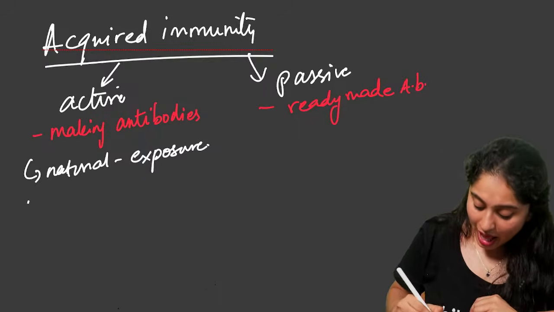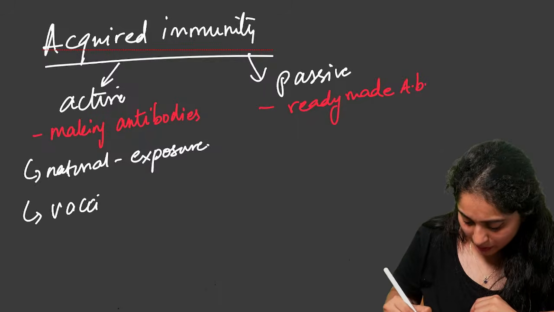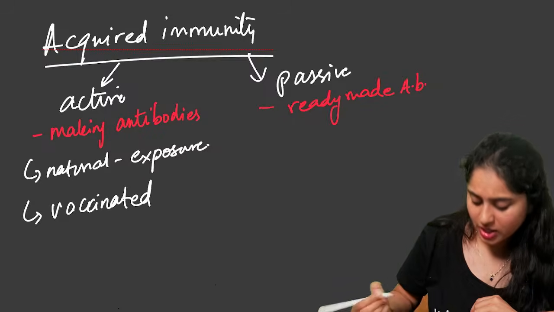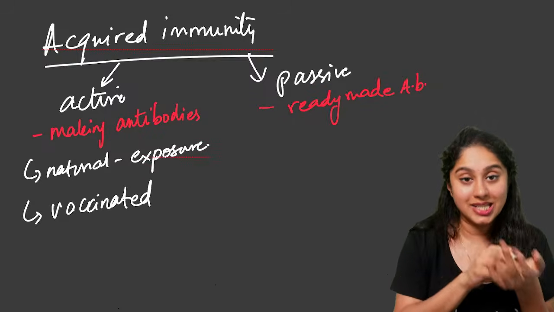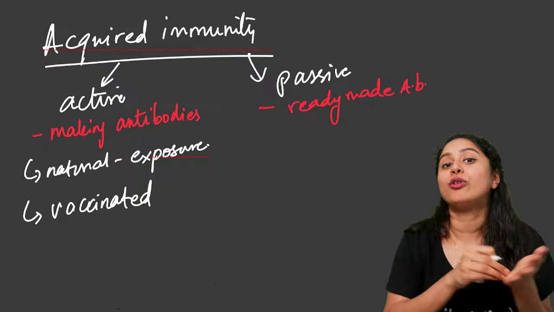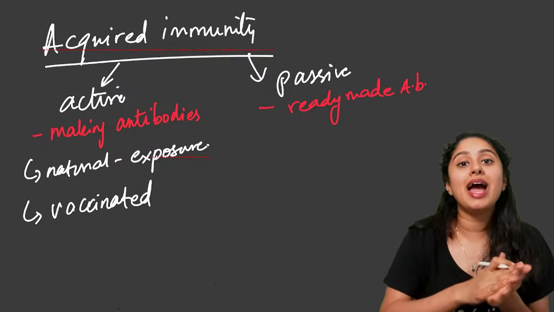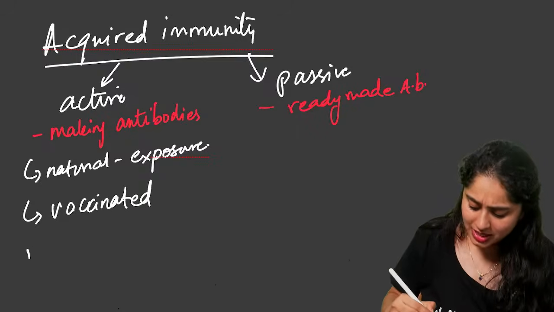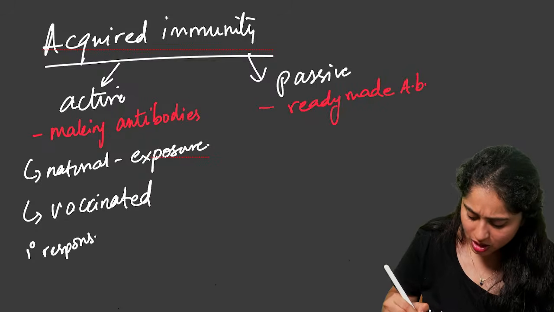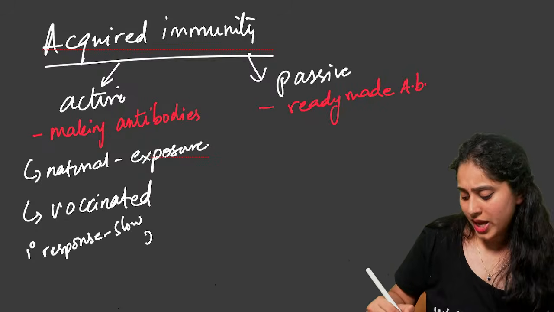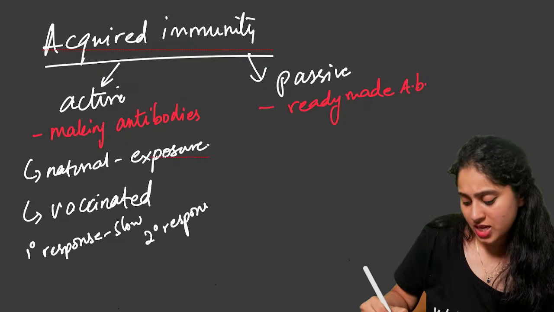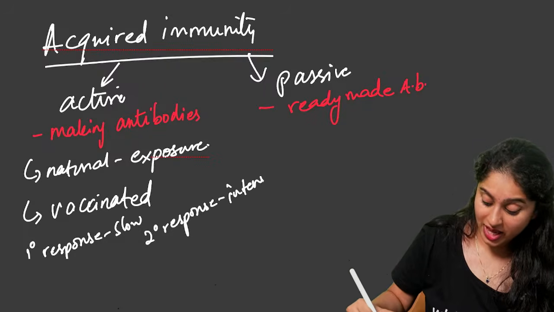But the other thing is through vaccination, where we are introducing a dummy fellow inside and we are creating memory for these cells so that they'll be able to act better. So always the primary response is slow. Secondary response is very, very intense.